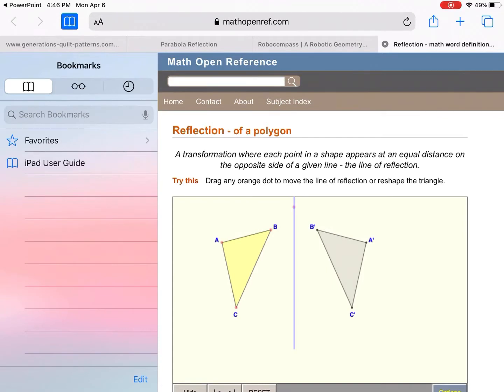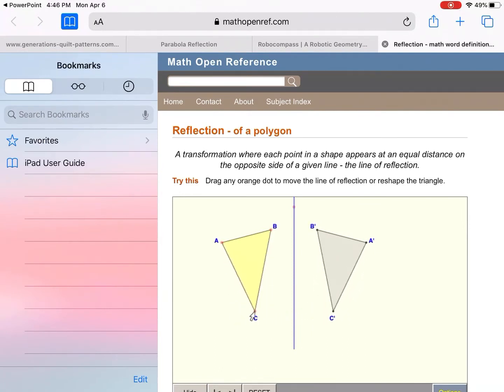You notice that if you look at the line going from C to C prime, for example, and I'm sorry that I can't actually draw on this program, that line of reflection cuts it right in half.